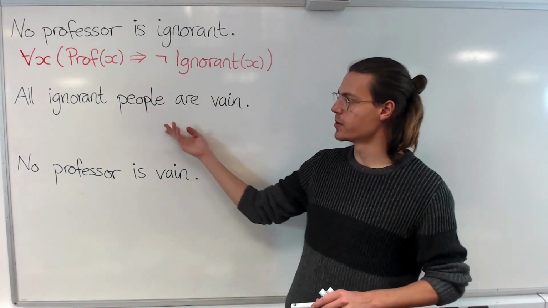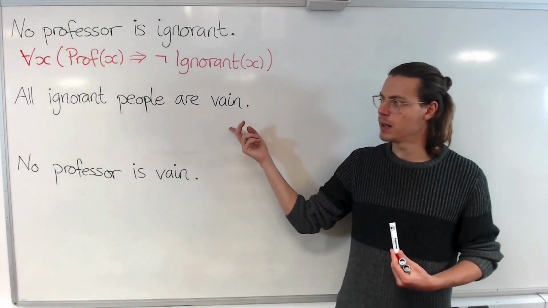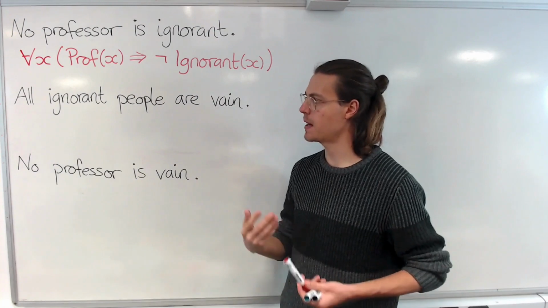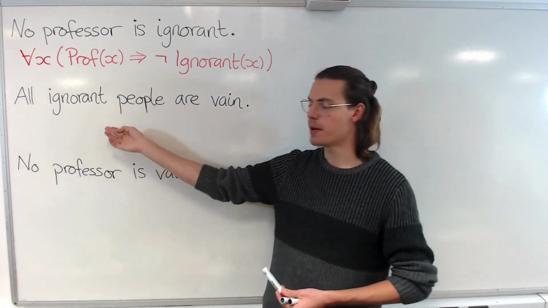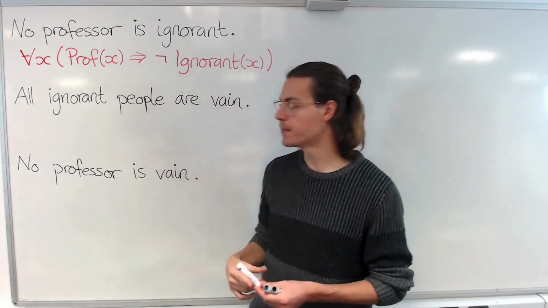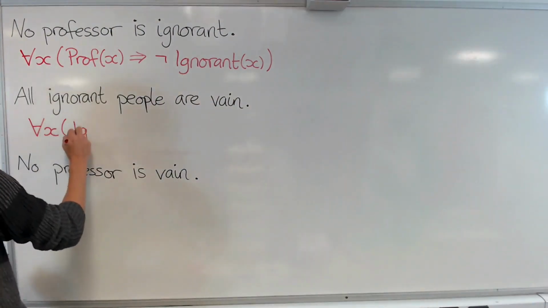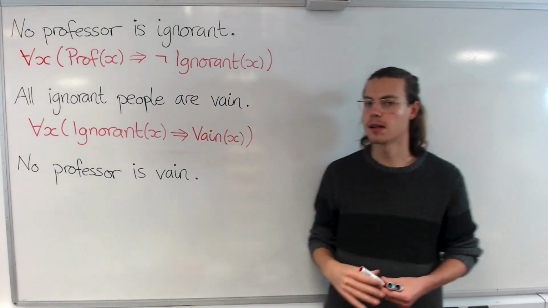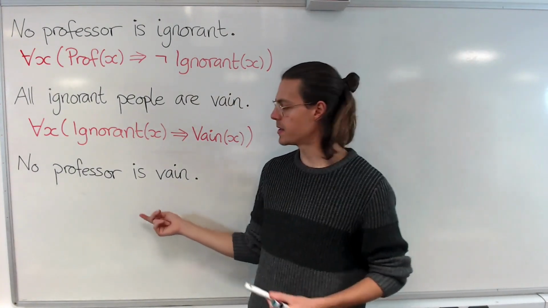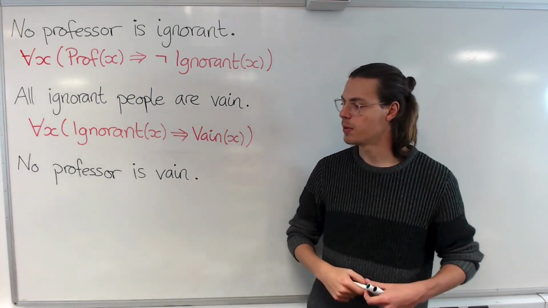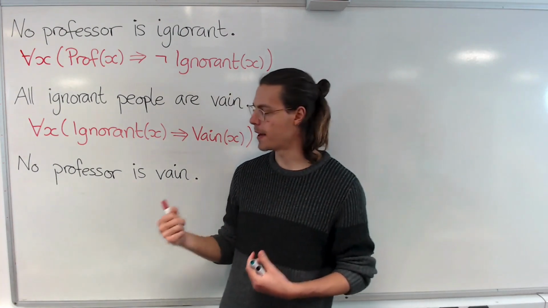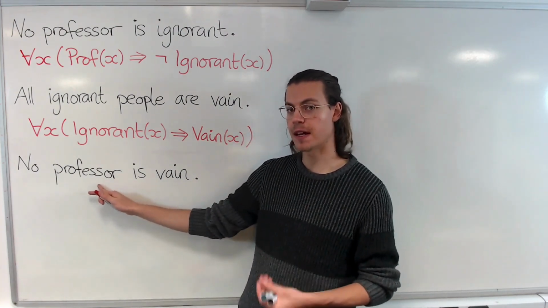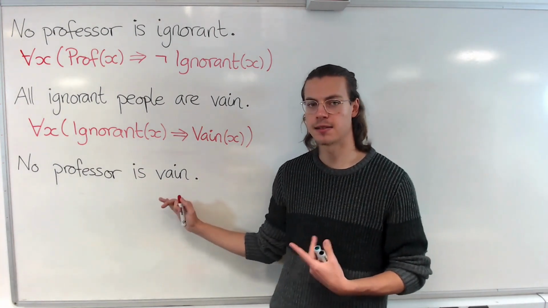Secondly, all ignorant people are vain. In other words, for any person X, if X is ignorant, then X is vain. And lastly, the third statement, no professor is vain. We can express this as for any person X, if X is a professor, then X is not vain.